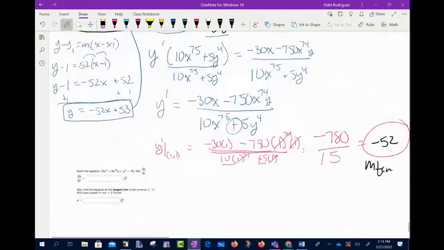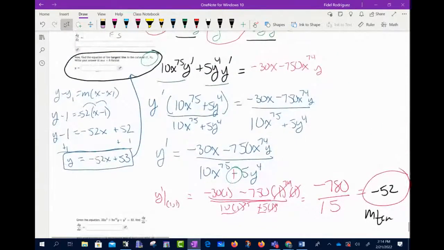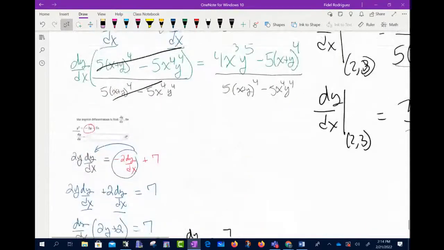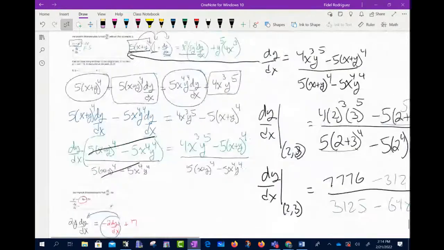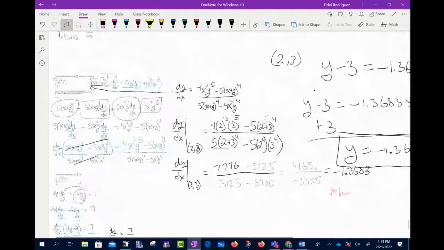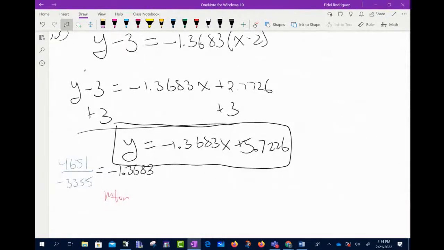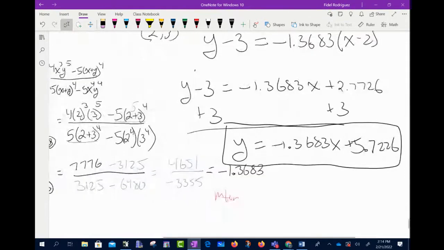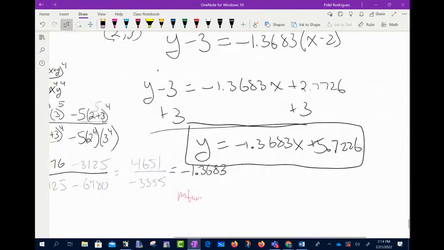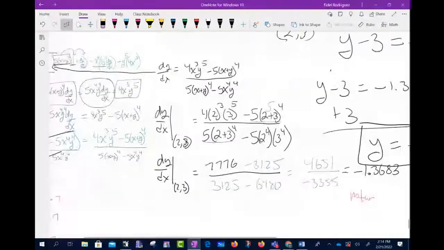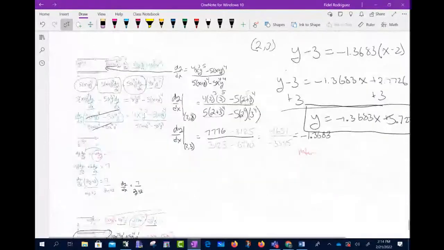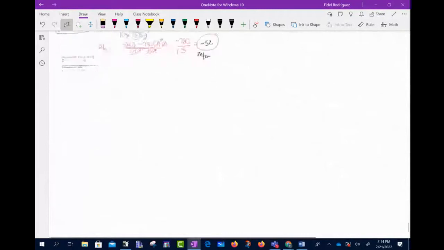And then the previous problem, we used the way around this. Which one? The one that we did before this? Yeah. Here we go. Yeah, because it's a minus 3, right? Yeah.